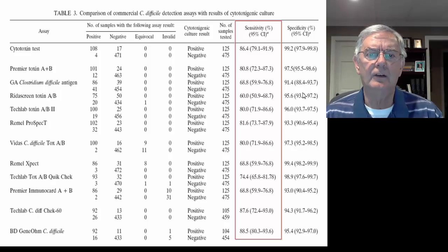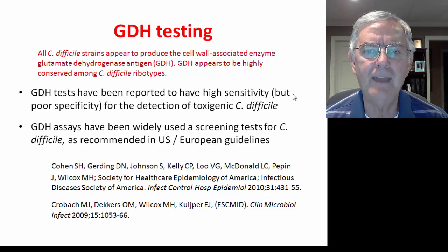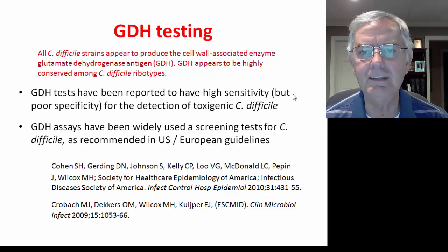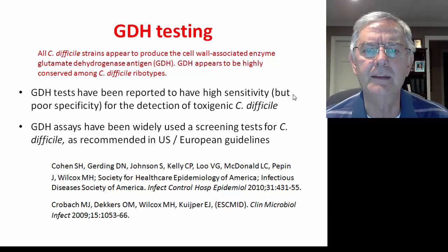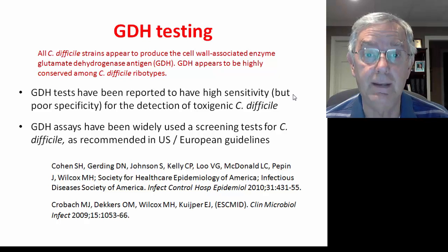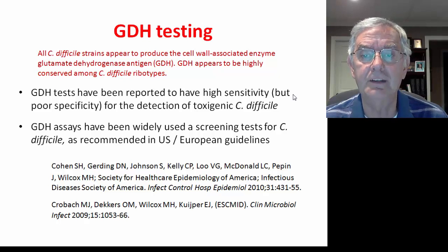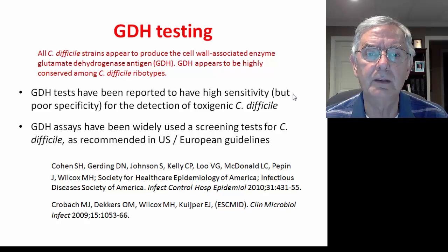Now there is another rapid test that's available called the glutamate dehydrogenase test, or the GDH. So all Clostridium difficile strains appear to produce the cell wall associated enzyme glutamate dehydrogenase. And it's an antigen. The GDH antigen appears to be highly conserved among Clostridium difficile ribotypes.